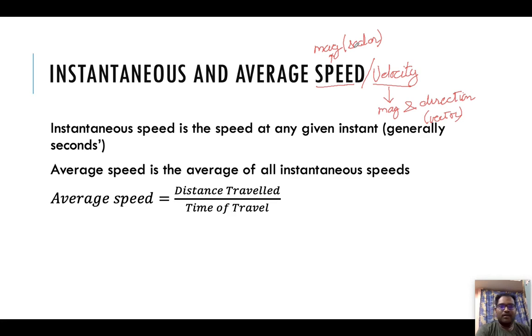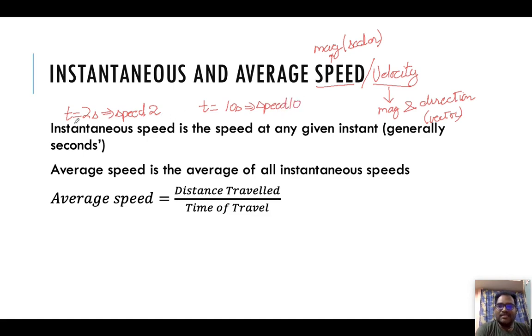So we have two other terminologies when it comes to speed. This also carries over to your velocity definitions. Instantaneous speed. Let me say at time equal to 2 seconds, we are going to have a speed, speed 2, and when time is equal to 10 seconds, we are going to have another speed, let me just call it speed 10.